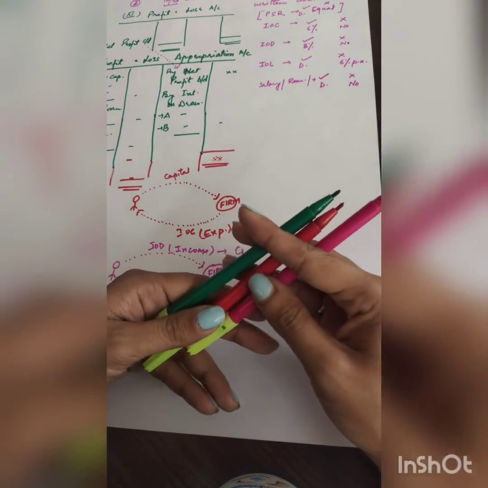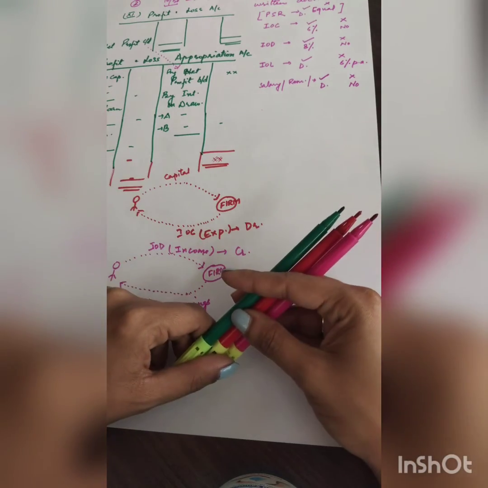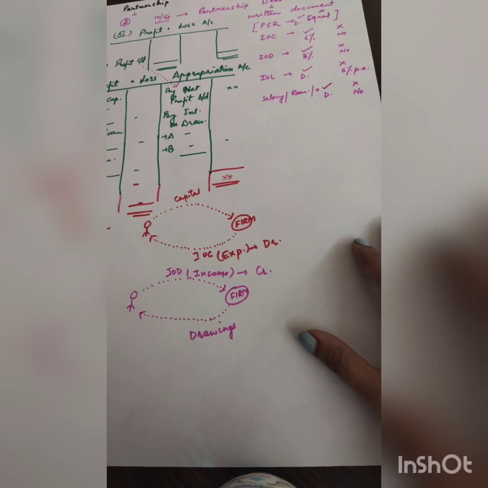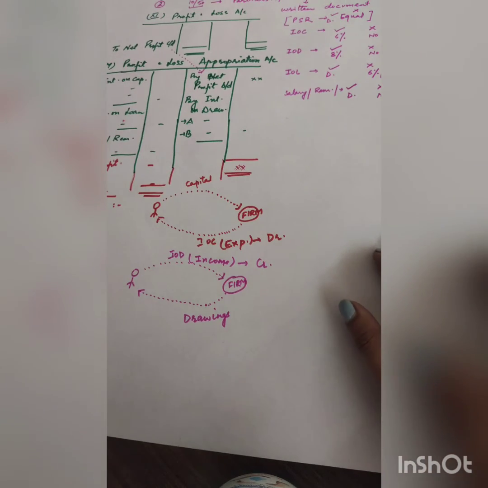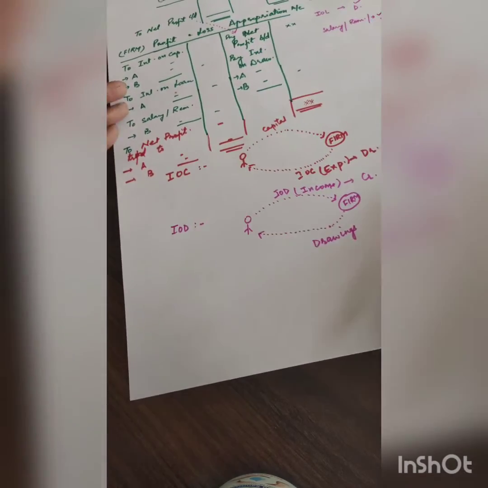Now the next thing we can understand is how we calculate the interest on capital and how we calculate the interest on drawings. For this, I will be showing you a concept.